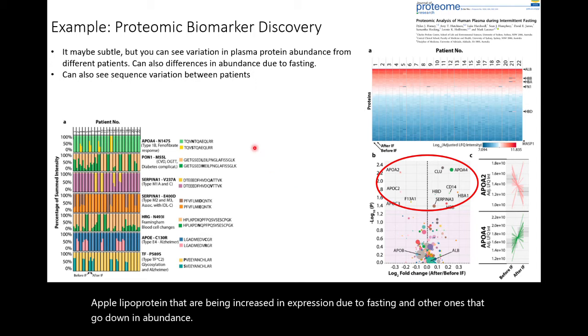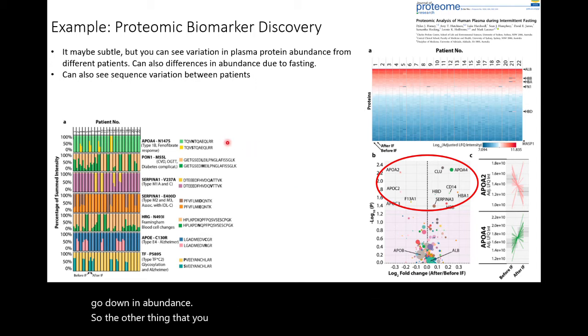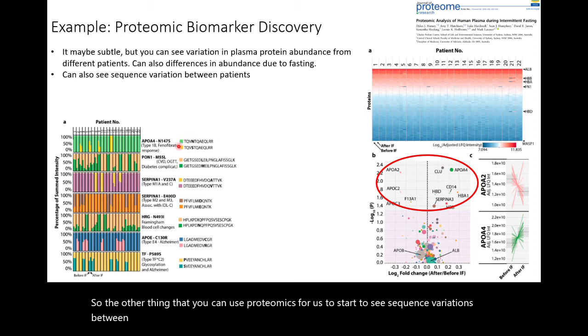So the other thing that you can use proteomics for is to start to see sequence variations between patients. And so this is looking at a variant peptide in apolipoprotein A4, where there is a serine to asparagine conversion, and you can measure how many people actually have this variant.